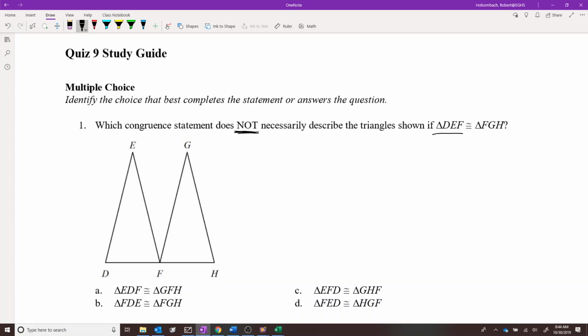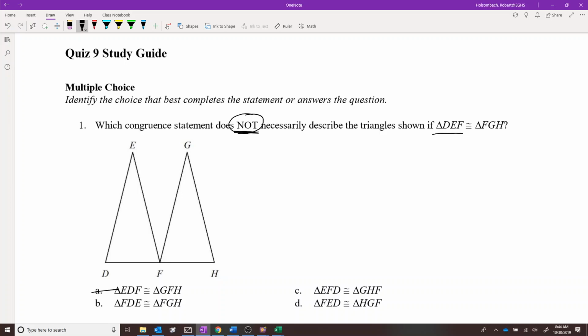The E went first, the D went second, and the F went last, which means that in this second description it's got to go GFH, and it does. So they changed both descriptions the same way. So that would describe congruent triangles. The question is, what does not? So this would not be a correct answer.